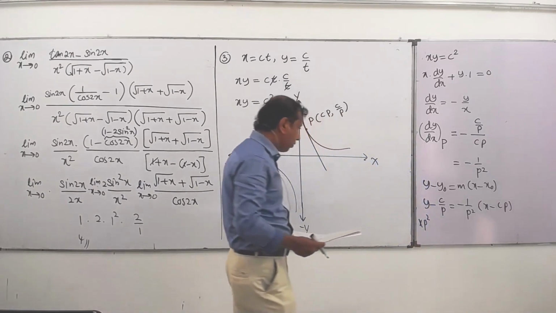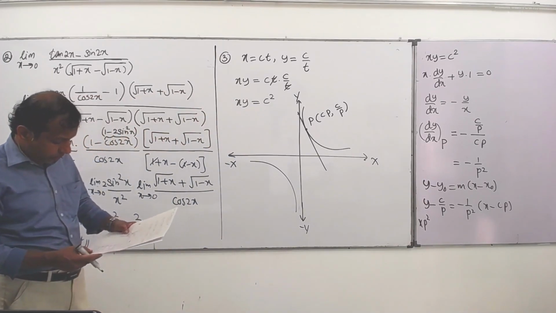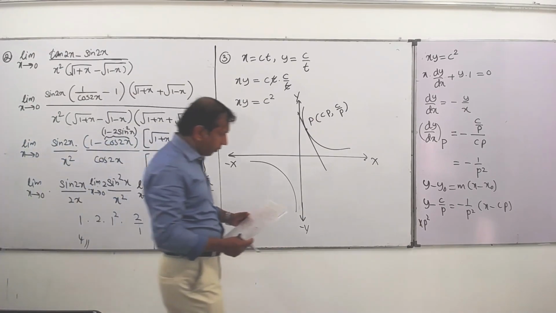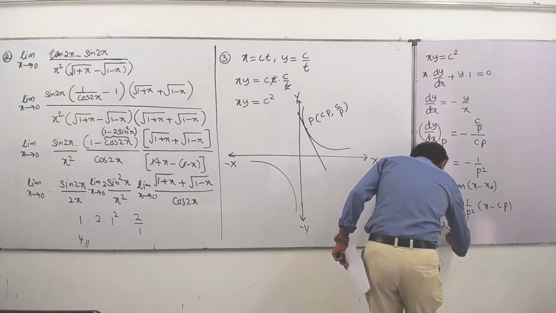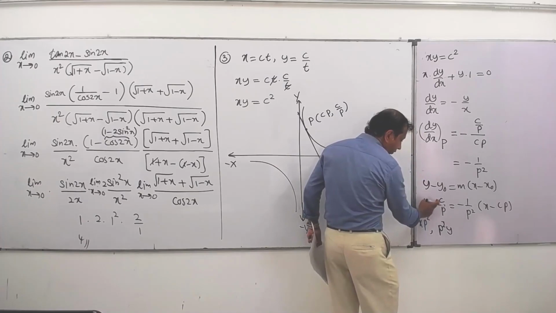Multiply this by p squared. Then, when you multiply this by p squared, we get minus pc.